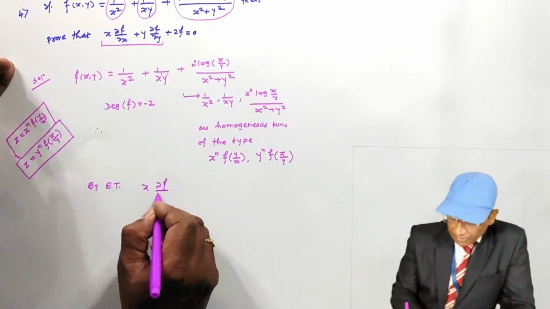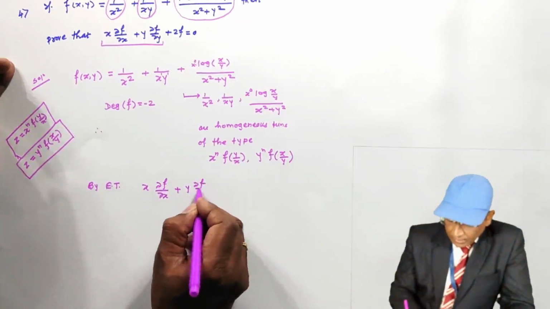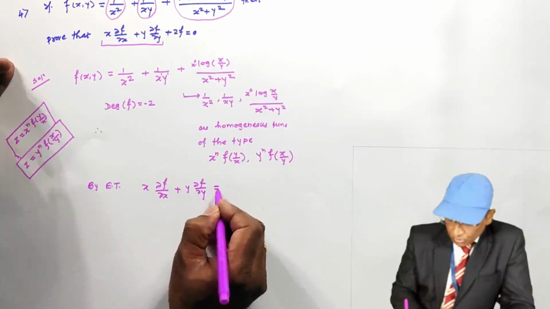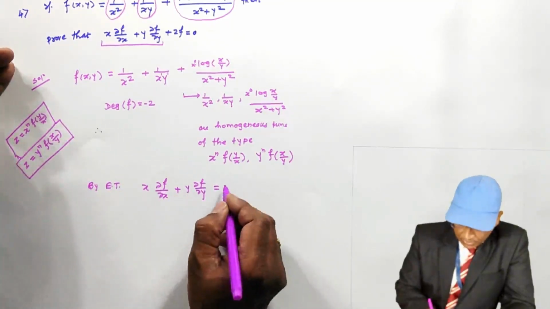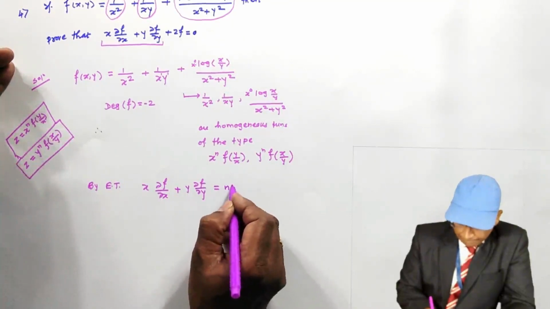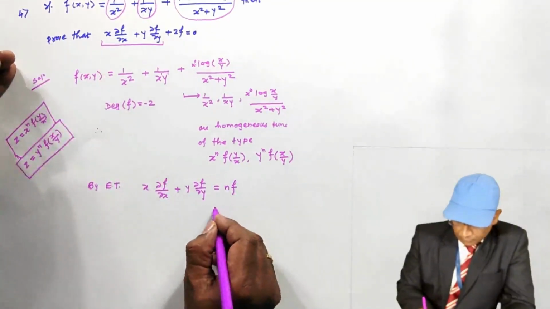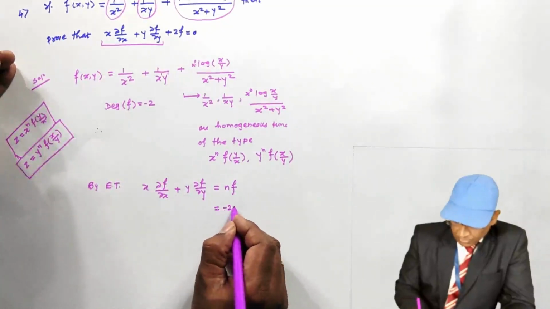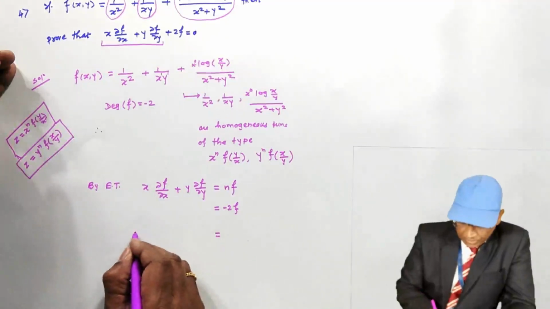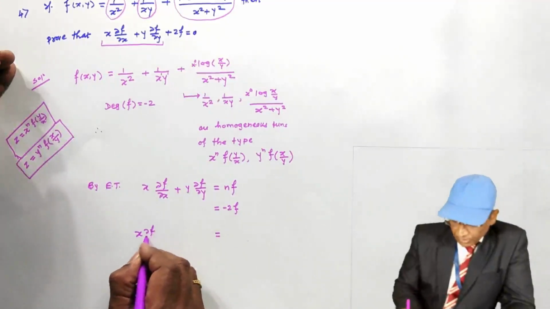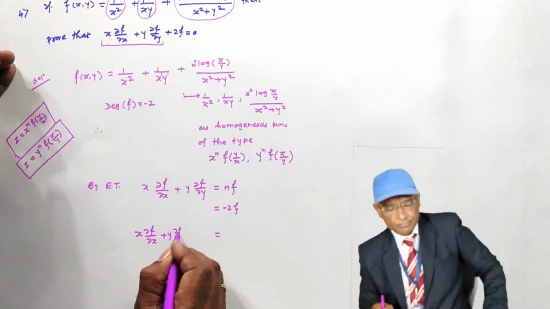Here, instead of z, f is there. Now what is n? N is minus 2. Okay. Now shift minus 2f to the left hand side. This 2f I am shifting here. In this way, we have proved this one. Okay, in 2 to 3 steps we solved this problem.